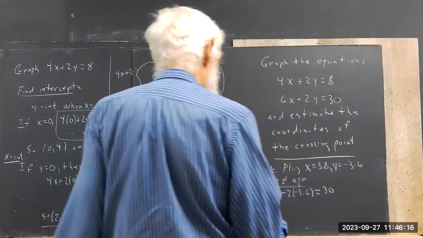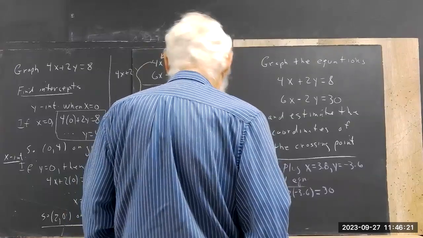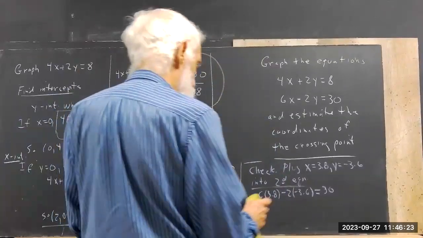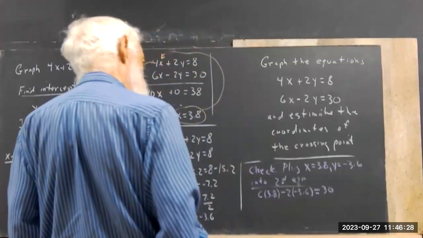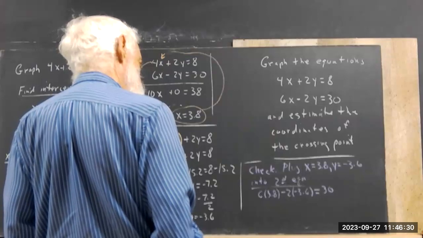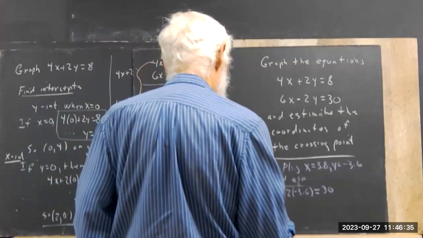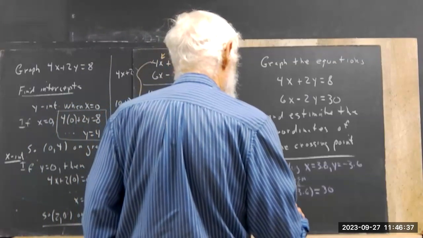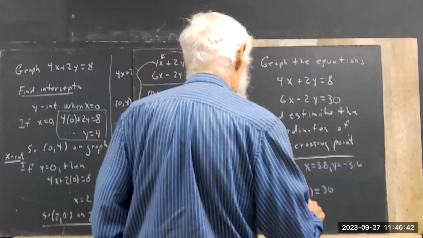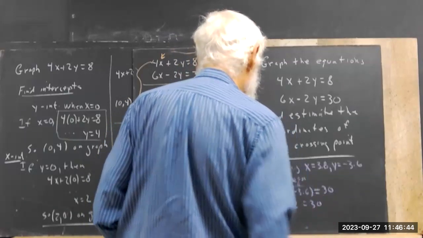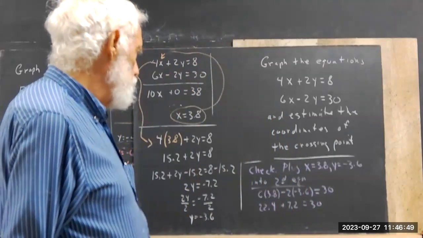Now 6 times 3.8 is 21 point, it's all 22.4. I think I have done that correctly.